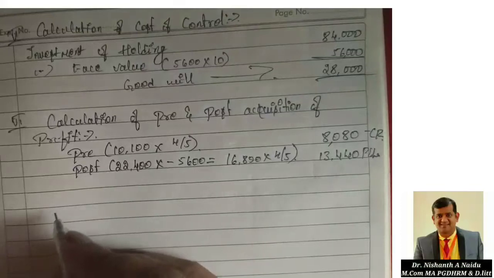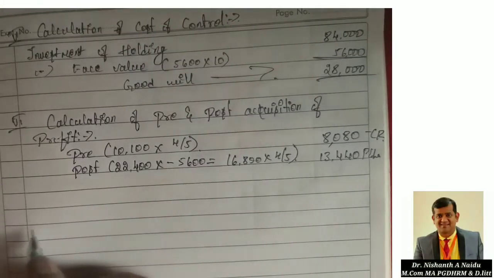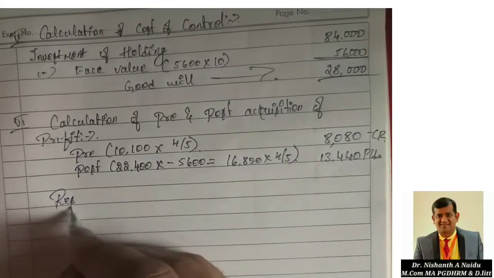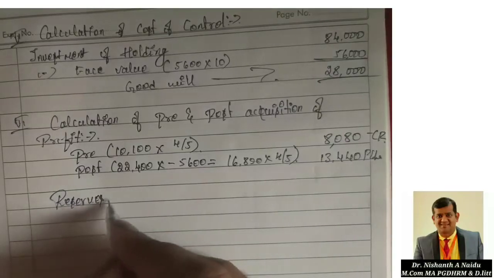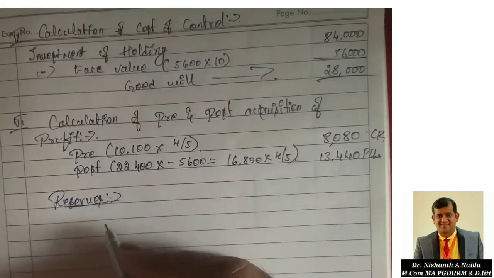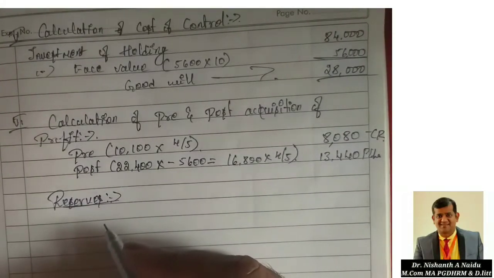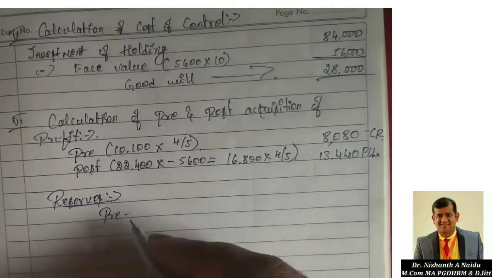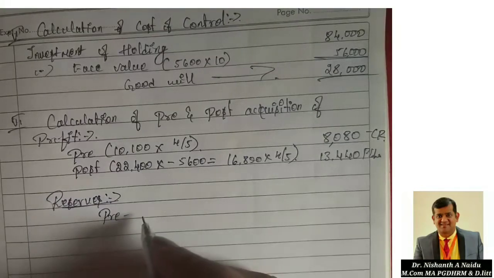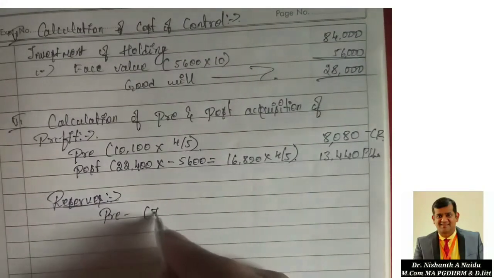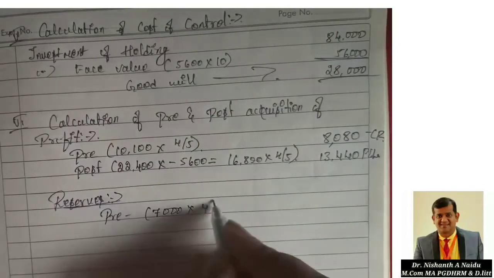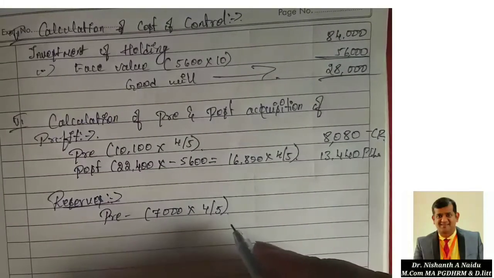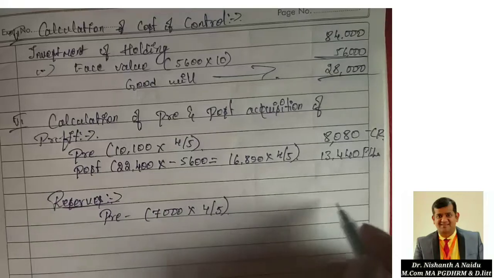So next is reserves and surplus. So that is reserves. So under reserves we have to take pre and post again. So pre-acquisition reserve, how much has been given, that is in the adjustment, 7,000. Adjustment number 4 if you read. 7,000 into 4 divided by 5. So that comes to 5,600.